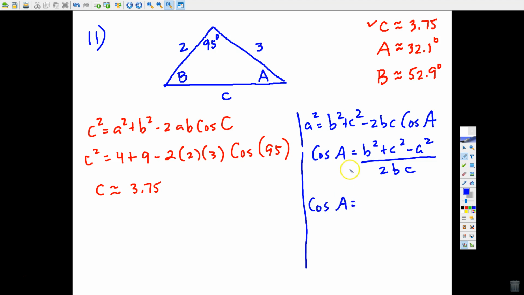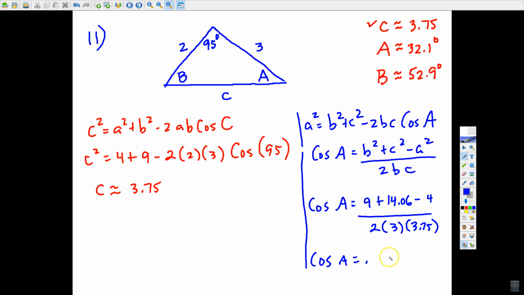Now let's plug in. B squared, 9, c squared, 14.06, a squared 4, all over 2 times b is 3 and c is 3.75. We're going to do all of this in our calculator, and then we'll do inverse cosine of that result.